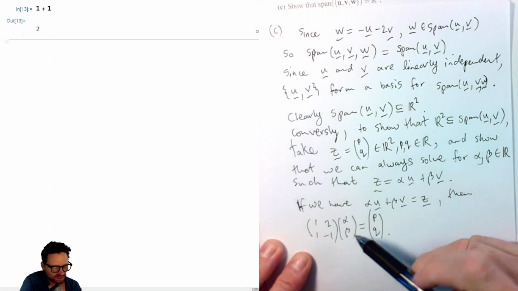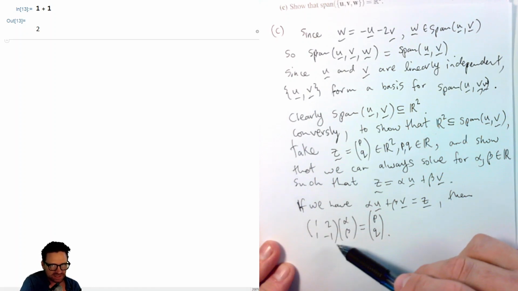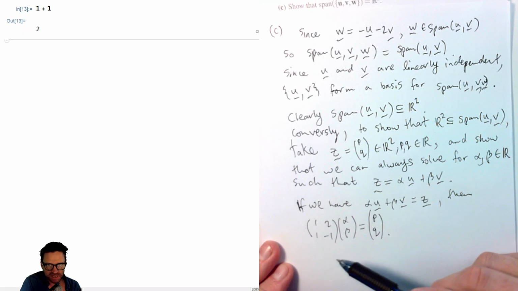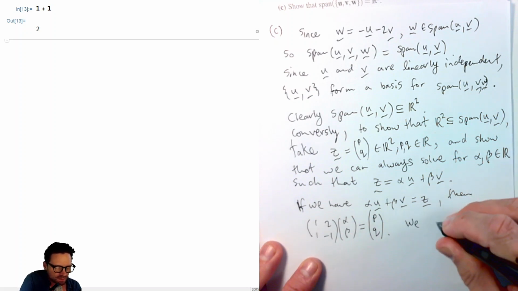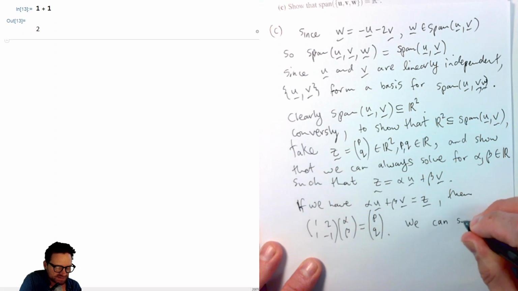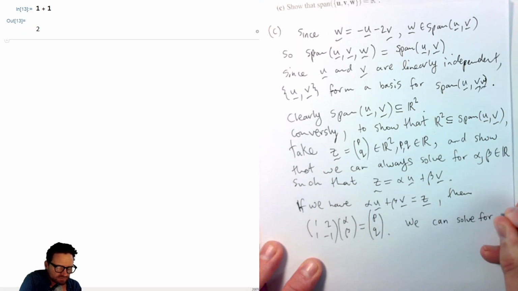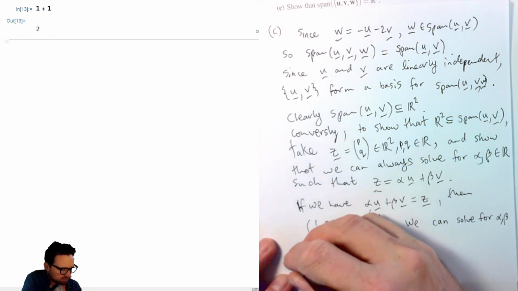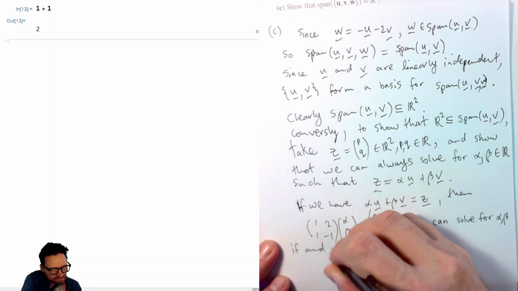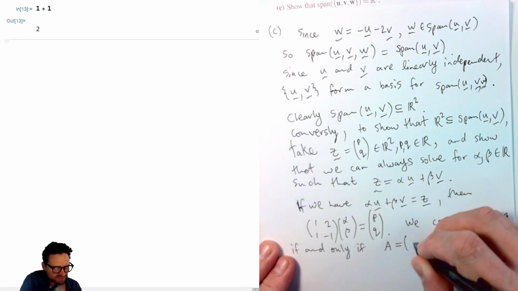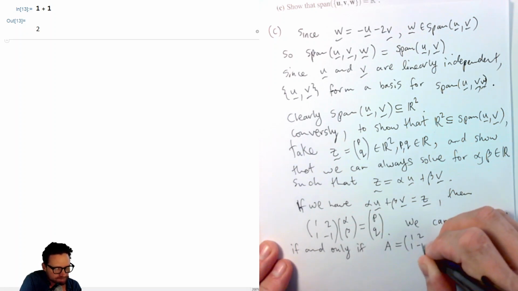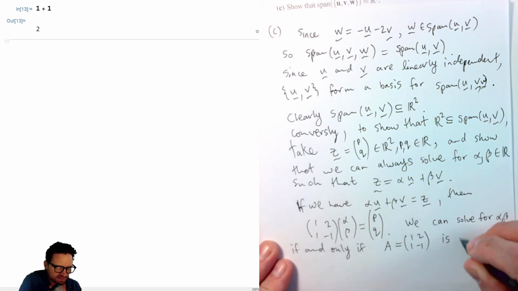And whether or not we can solve this depends on whether this 2 by 2 matrix on the left is invertible. So we can solve for alpha and beta if and only if the matrix A is invertible.